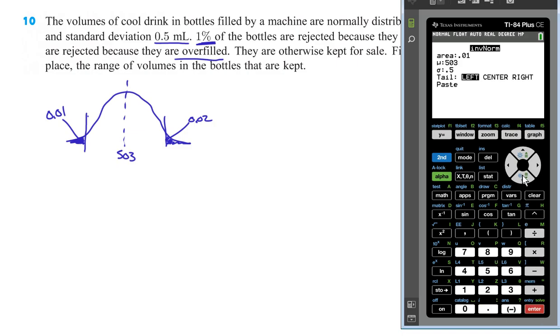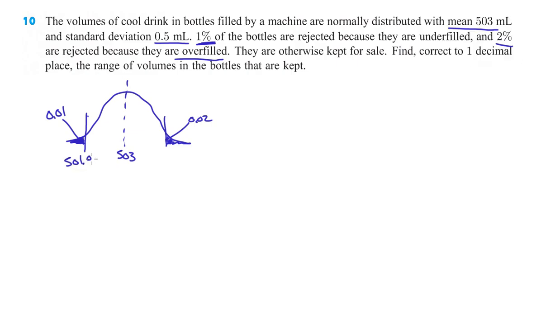Okay, and then it's going to automatically go to the left, and that's good. That's what we want. Okay, and we push enter, and this low number here is going to be 501.8. So that's our low number, 501.8 milliliters. And now we got to find out what this milliliter number here is.